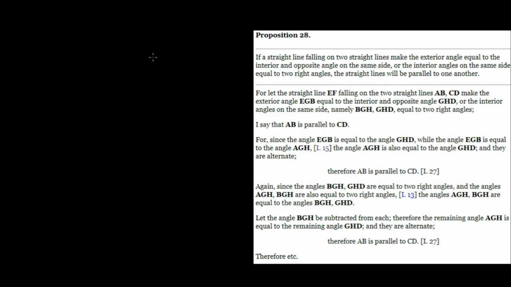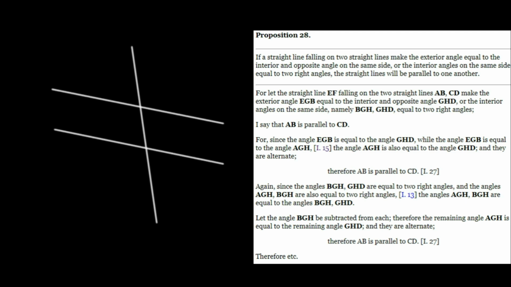And let's check out the setup. We'll let the straight line EF falling on the two straight lines AB and CD. Let's label everything here. That's going to be EF, AB, and CD.